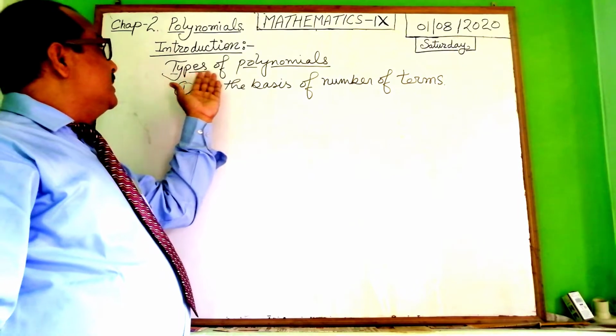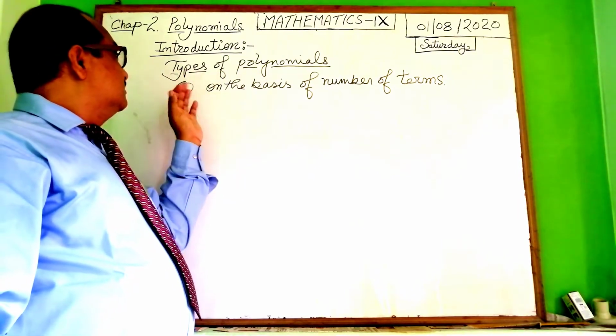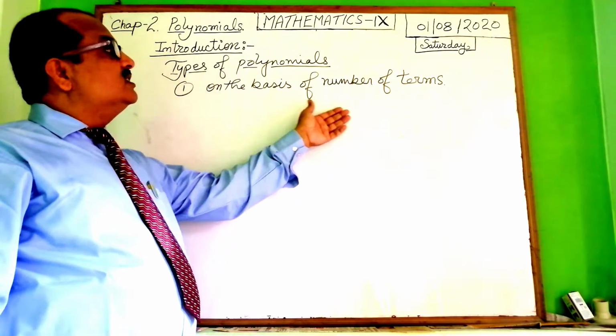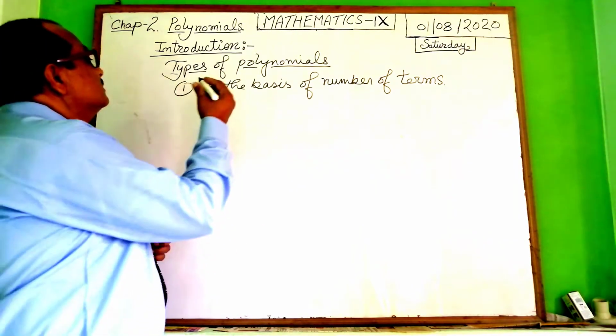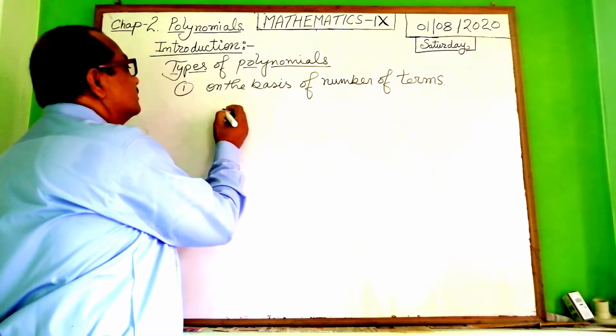Now see some types of polynomials. First, on the basis of the number of terms. Suppose students, number of terms.